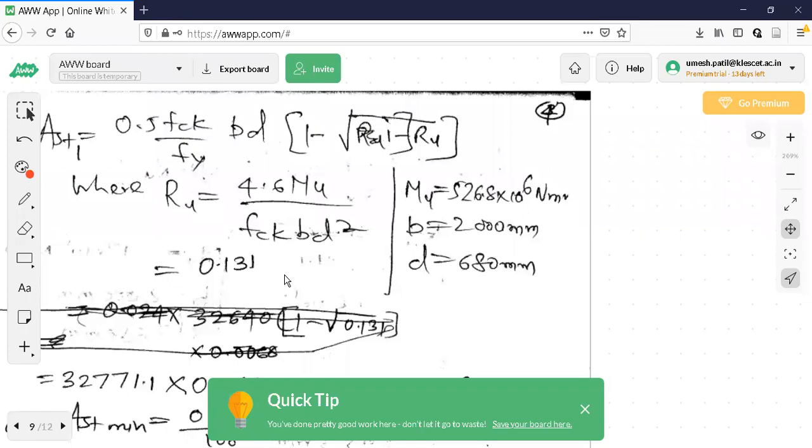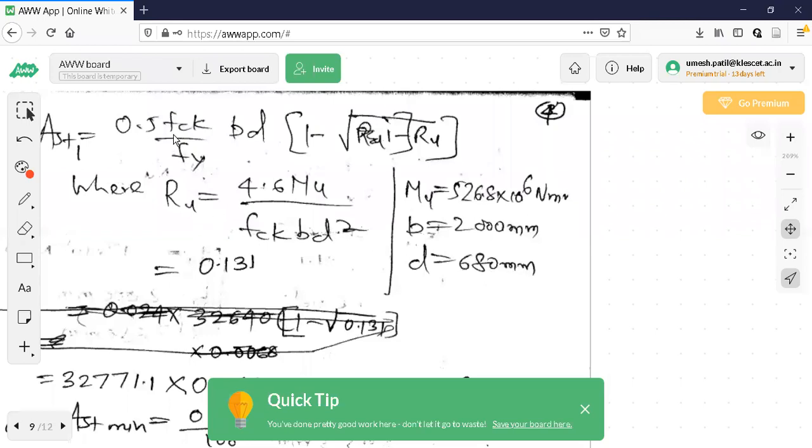Usually what I did in 5th semester, FCK was calculated separately, because here also you can see FCK is there. I need FCK value here as well as here. Here what I will do, once I find FCK I'll multiply one more times D, whatever D is there, 680.